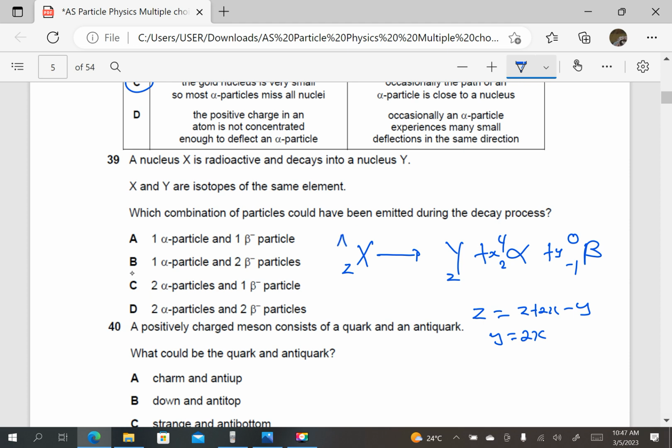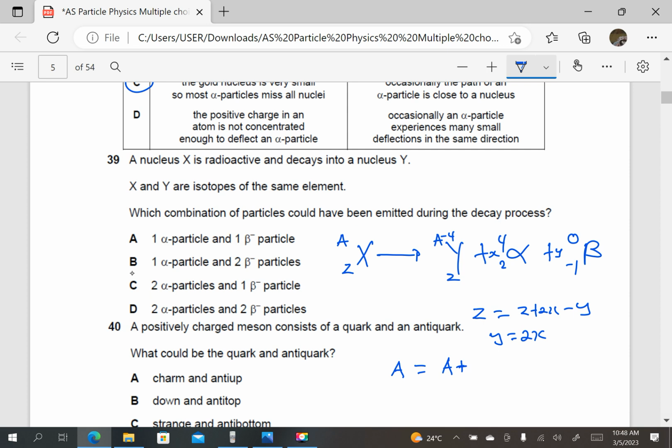Let's use nuclear number. Let this be A and let this be A. So on the left hand side, the nuclear number is going to be A. On the right hand side, it is going to be A minus 4, because this one reduces by 4.